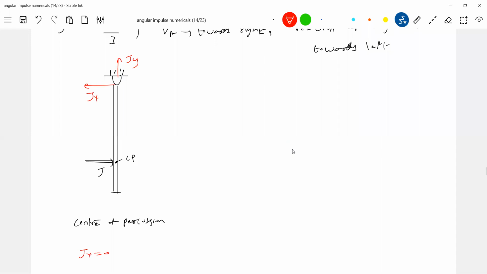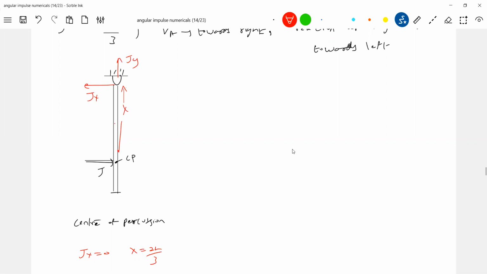Jx will be 0. The rod will acquire angular velocity, and then the centrifugal force Jy will come, but that will not much affect here. The Jx is the big headache in machines. So if the impulse acts at a distance, for a rod this distance is x equal to 2L/3.